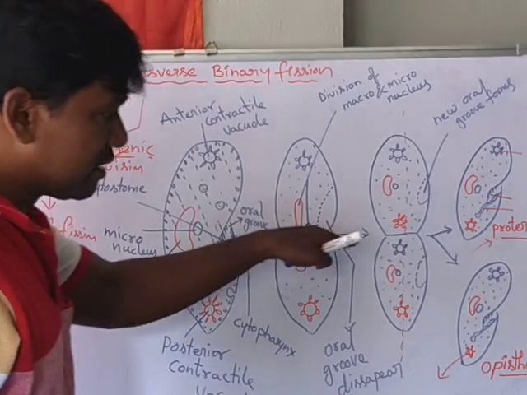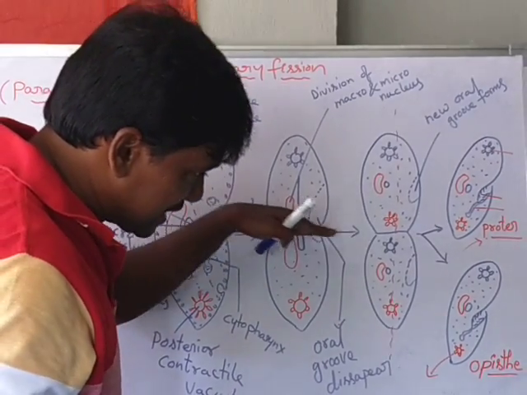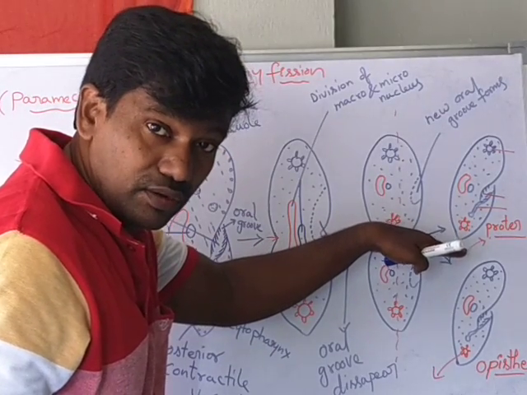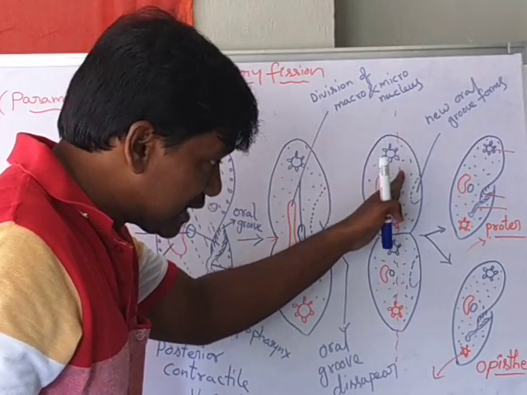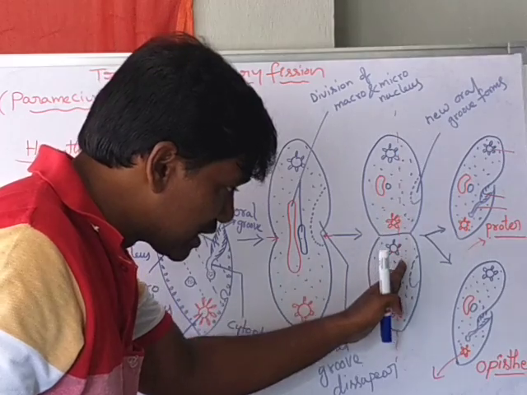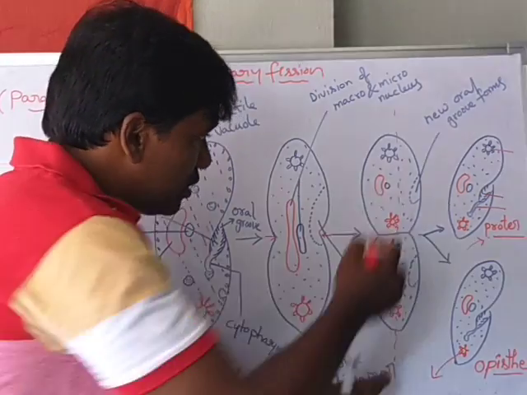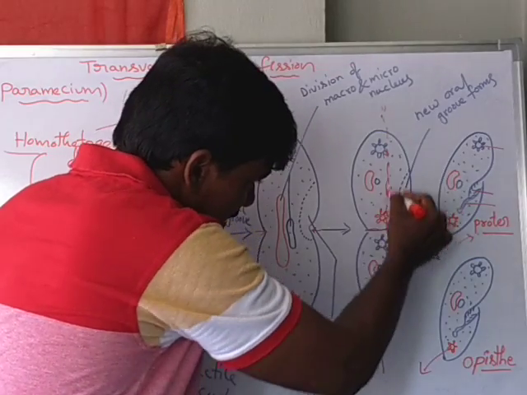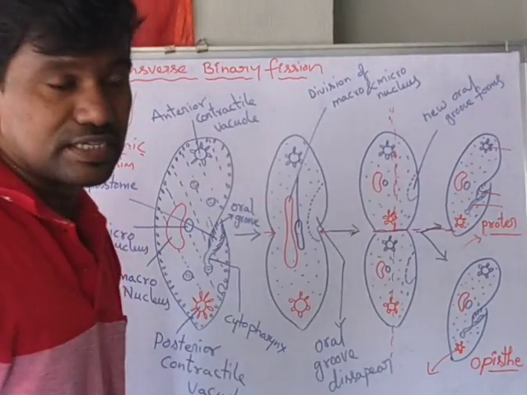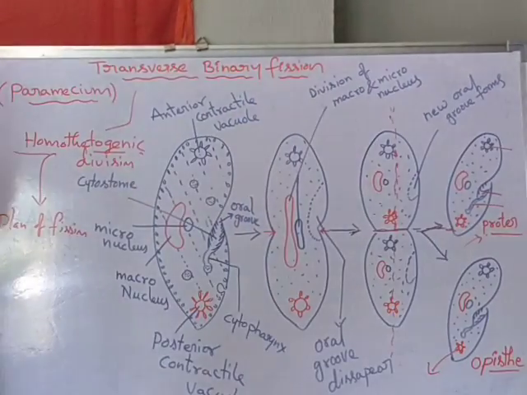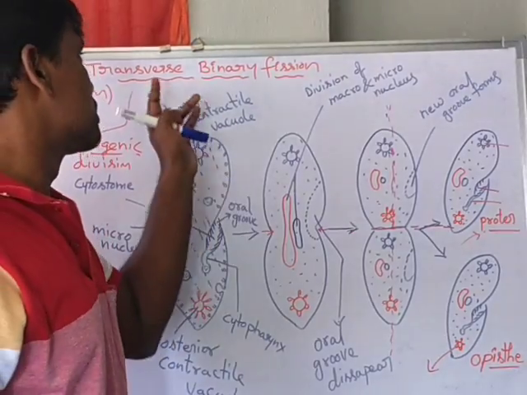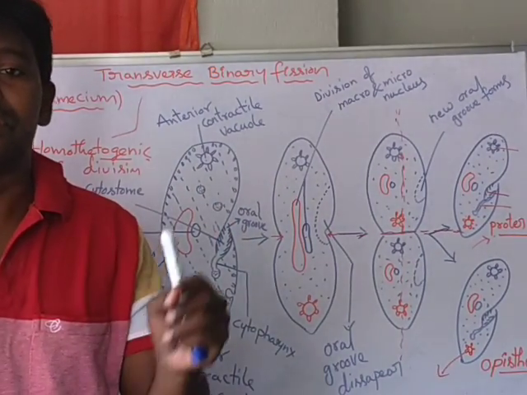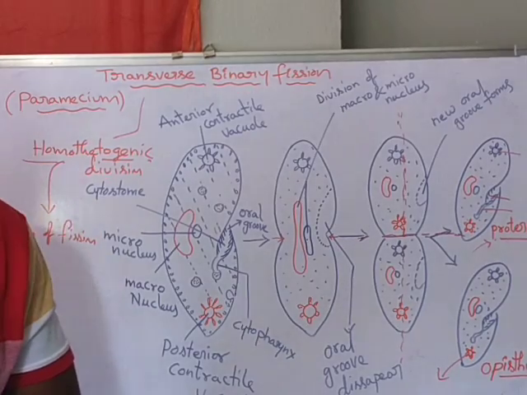The plane of the fission means the cutting part. The plane of the fission occurs at a right angle to the longitudinal axis of the body. This is a right angle division, so that's why it is called homothetogenic division. The transverse binary fission is completed in paramecium within about 2 hours.